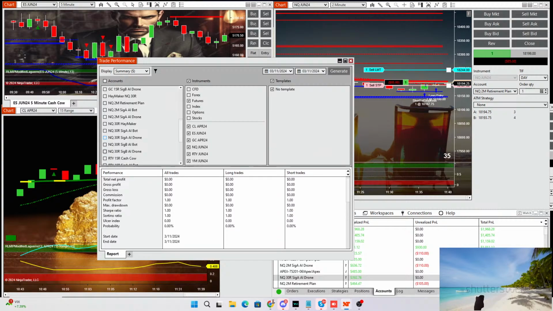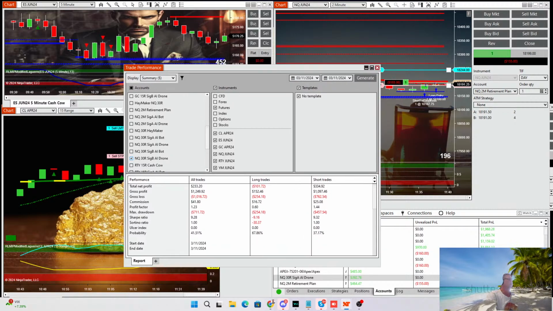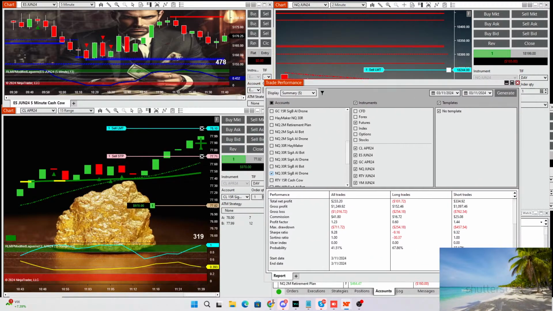And then the Signal Bees, down 139 on the bot and up 233 on the drone. So the NASDAQ strategies were the big winners today.